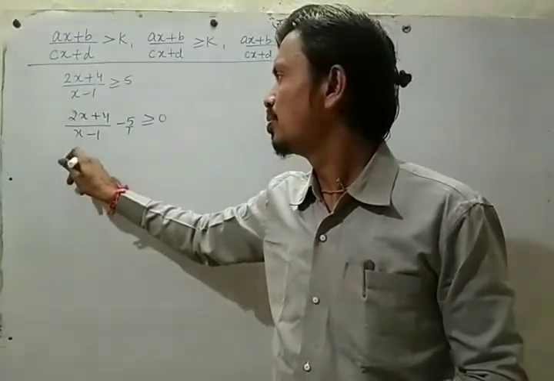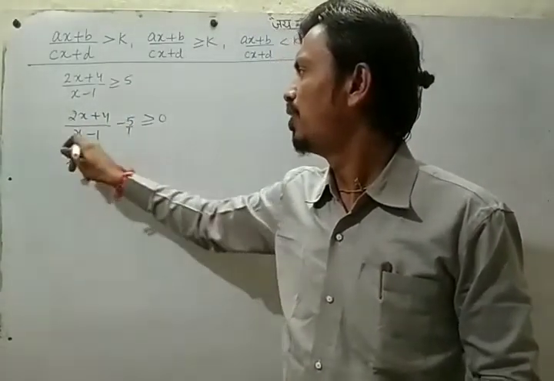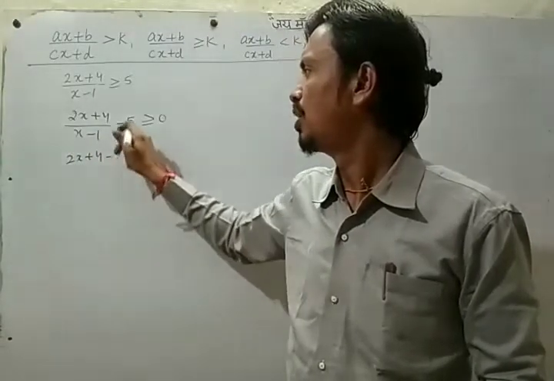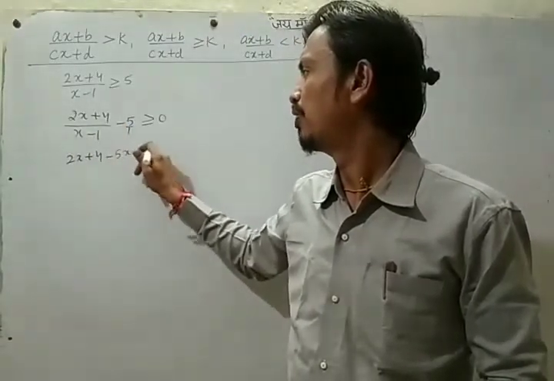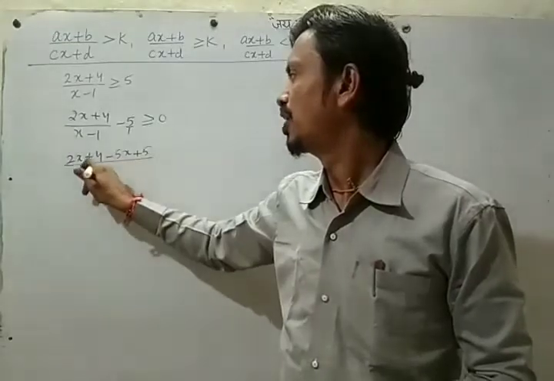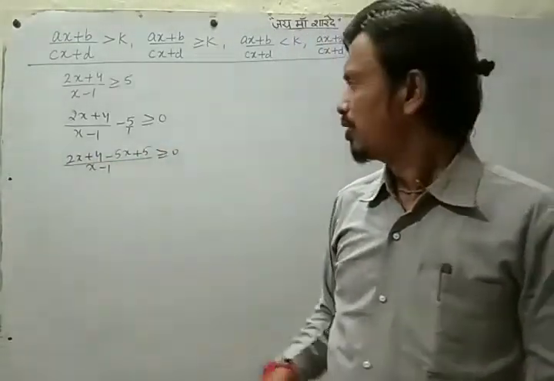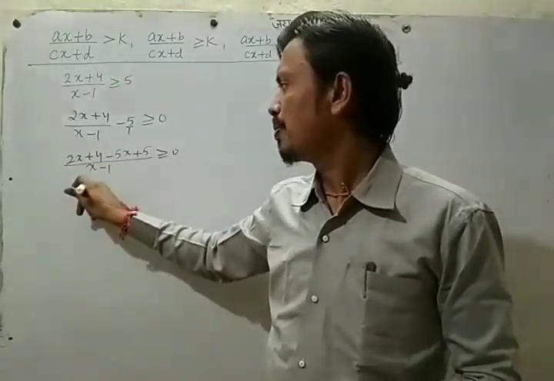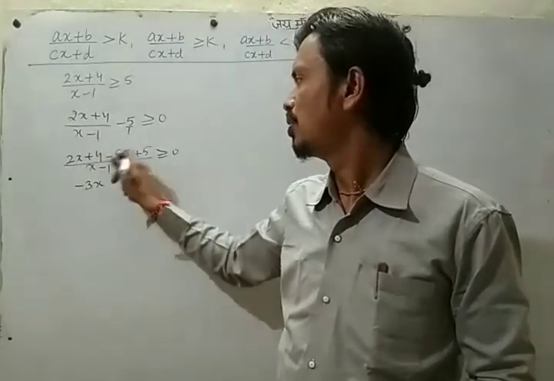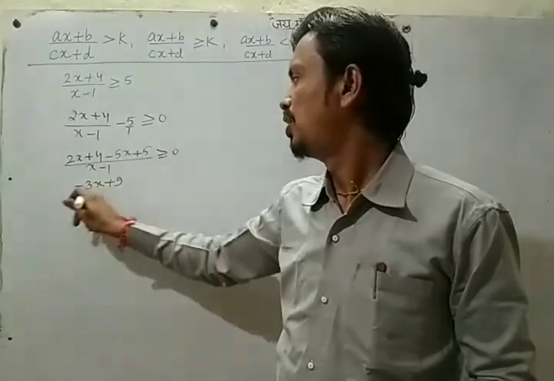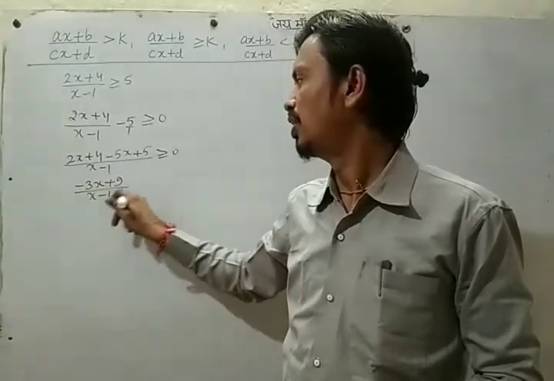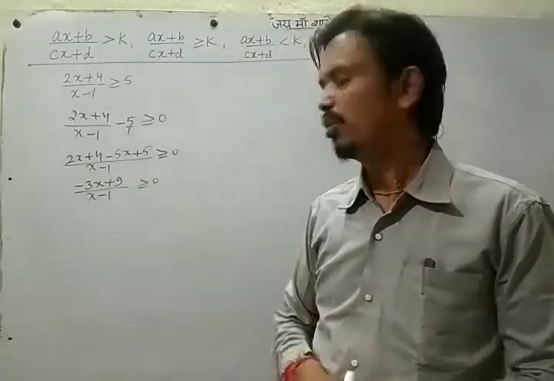So 2x plus 4 minus 5 into x minus 5 into minus 1, plus 5 upon x minus 1 is more than or equal to 0. So it will give 2x minus 5x, minus 3x plus 9 upon x minus 1 is more than or equal to 0.